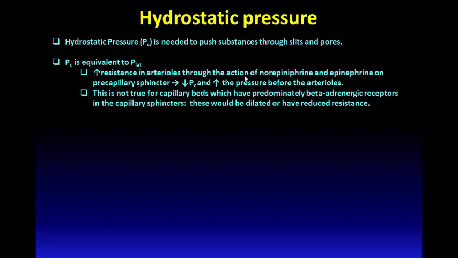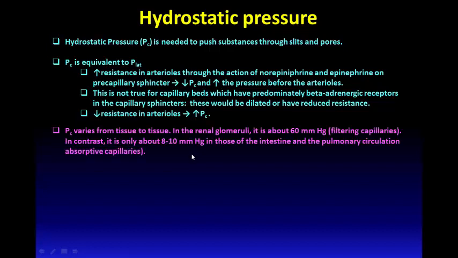This is not the case in the capillary beds which have predominantly beta-2 adrenergic receptors in the smooth muscle cells of the precapillary sphincters. These would be dilated or have reduced resistance. And when the arteriolar resistance decreases, more blood flows through the capillaries, elevating the capillary hydrostatic pressure.